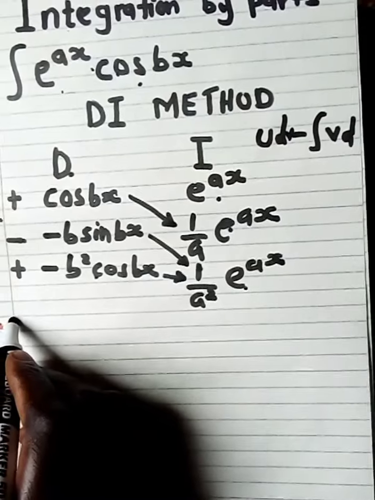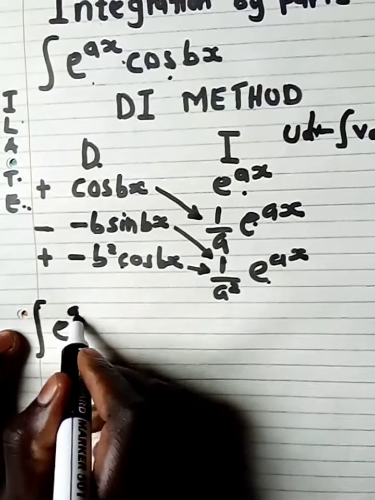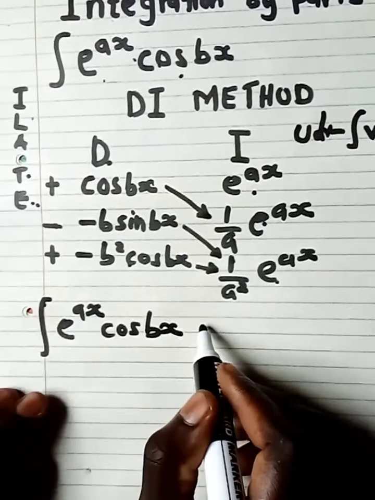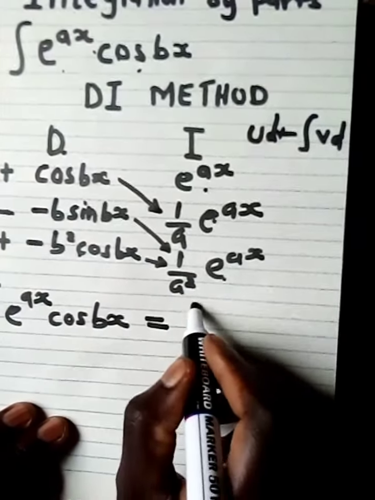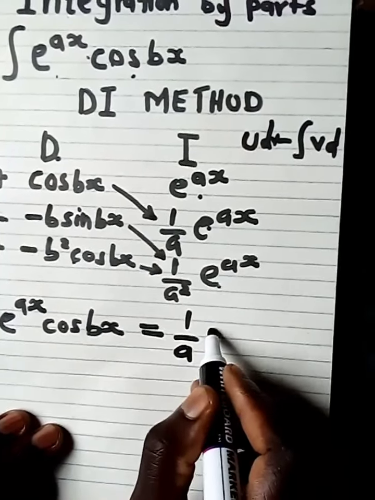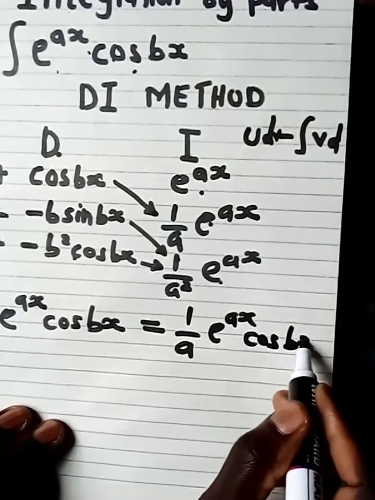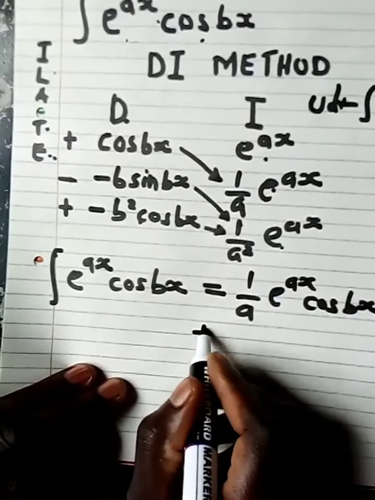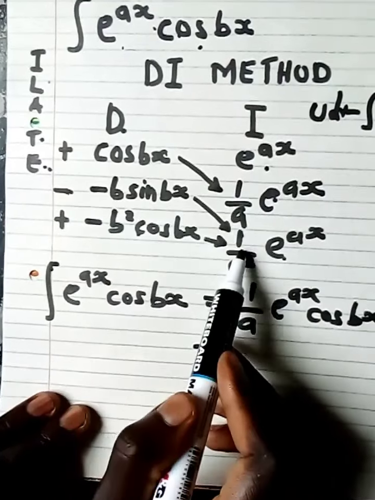So the next thing, let me multiply. It means now the integral of exponential ax cos bx is equal to, let me multiply u dv. I have 1 over a exponential ax cos bx plus, because this sign negative times negative is positive, then I multiply by this.